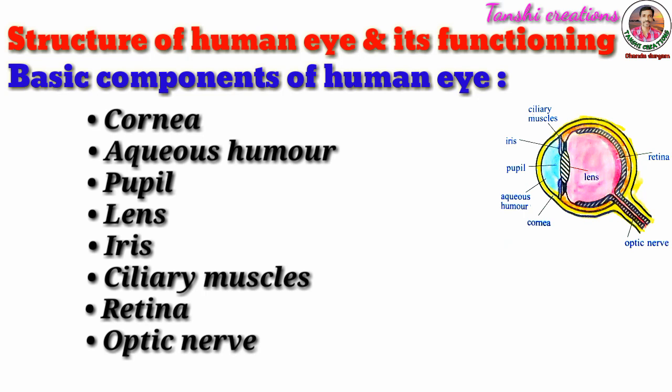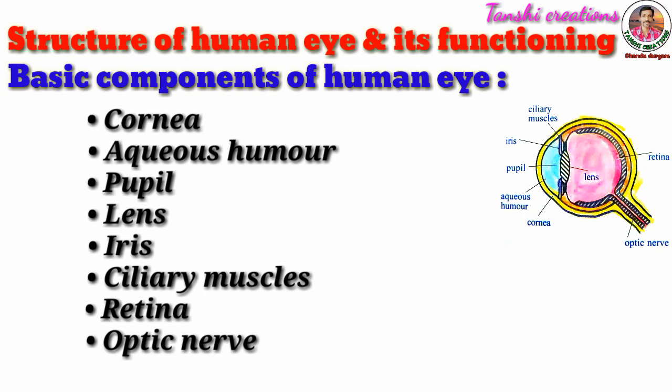First of all, we want to know what are the basic components of the human eye. The basic components of the human eye are cornea, aqueous humor, pupil, lens, iris, ciliary muscles, retina, optic nerve.